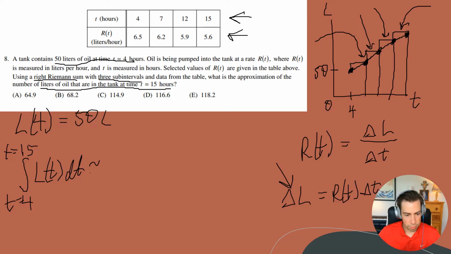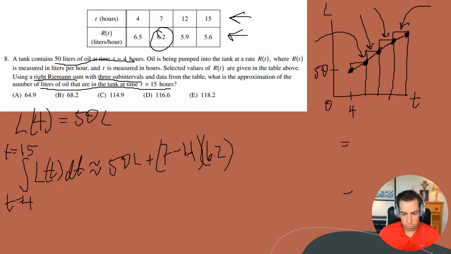And again, it's just an approximation. It is approximately equal to my initial value, so we'll say 50 liters, plus 7 minus 4, and again, I want to use the rate that is to the right, so it's going to be 6.2.